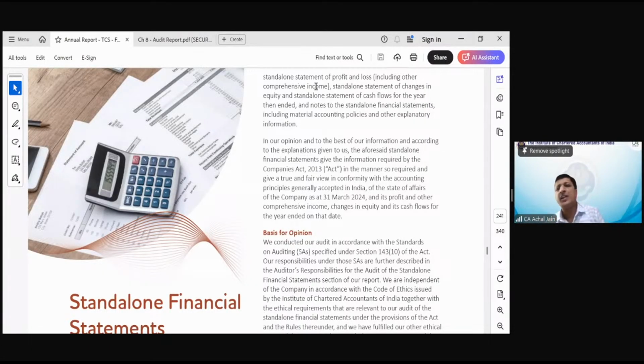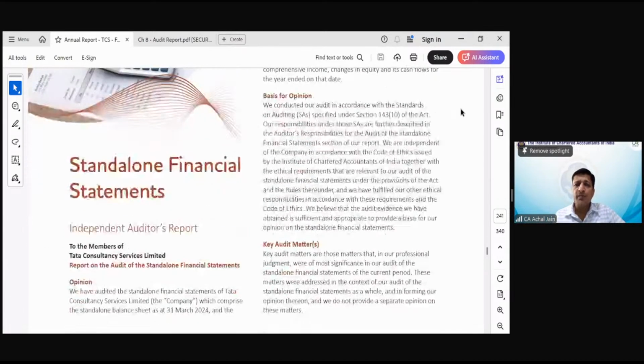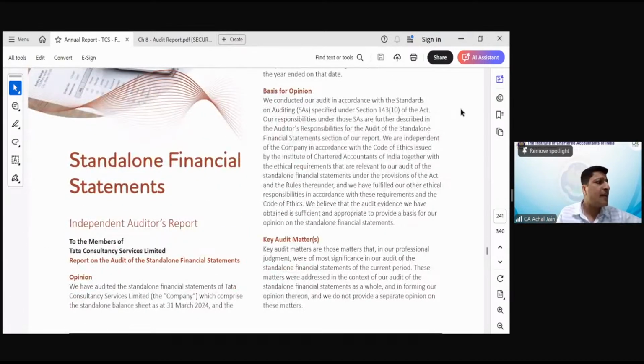So auditing standards undergo a change every time there's a new auditing standard, or maybe a revision in the auditing standard. Wherever that is considered appropriate, it is always included in the relevant auditing standard.